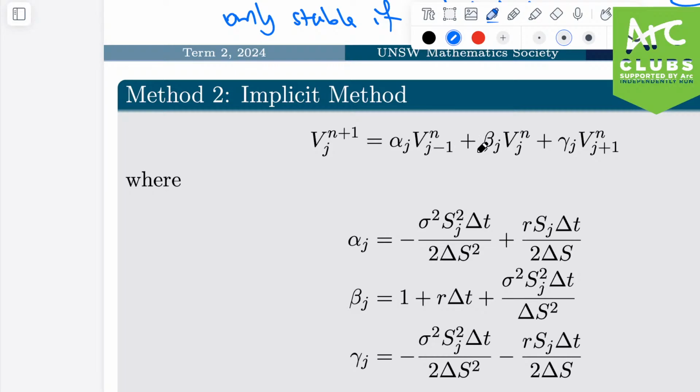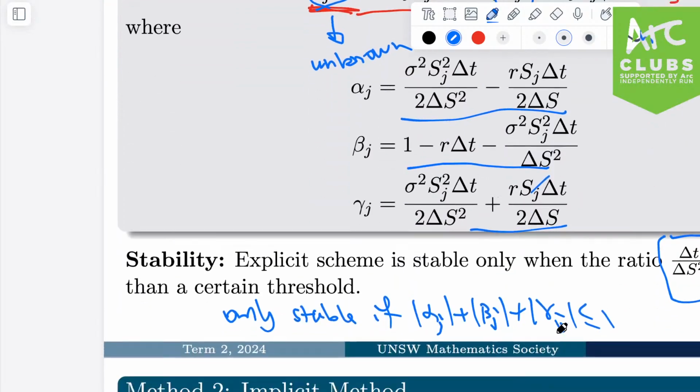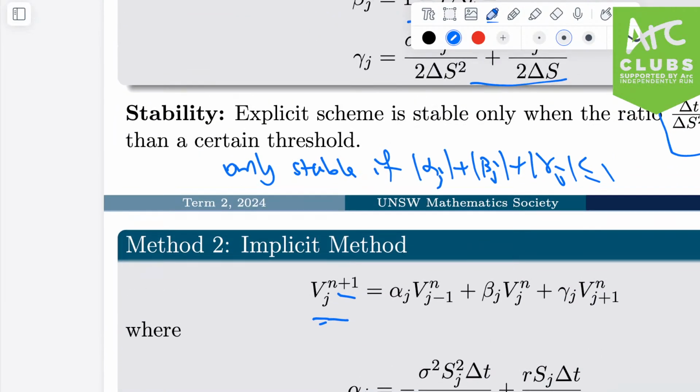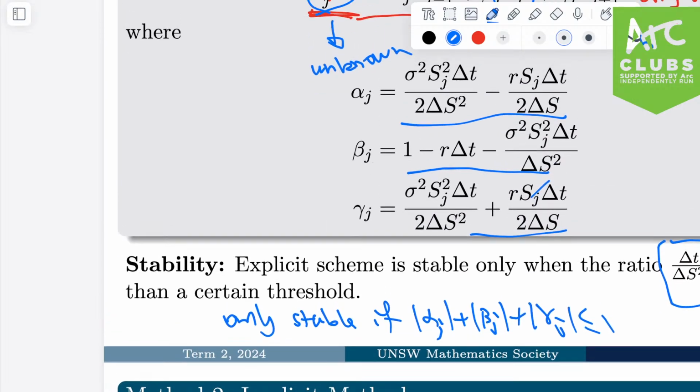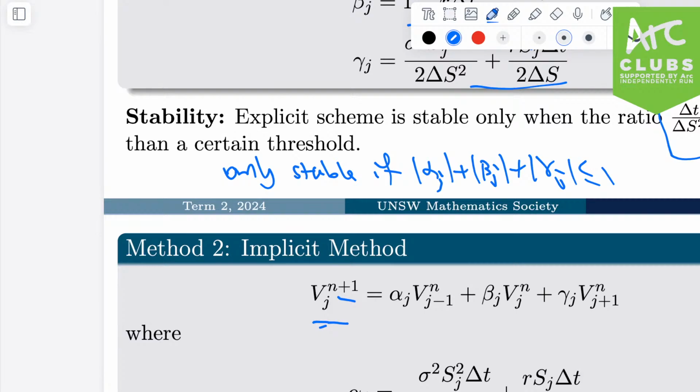The reason is that we don't know V_j^(n+1), because we only have knowledge of time n.